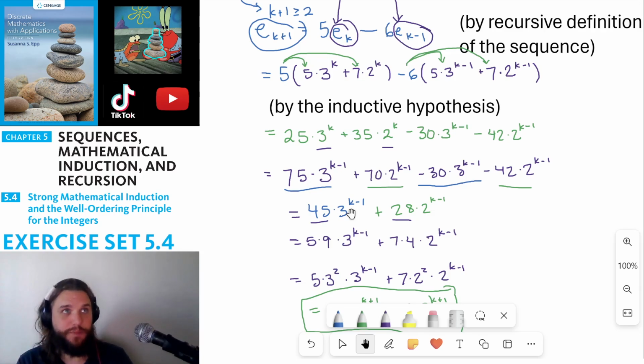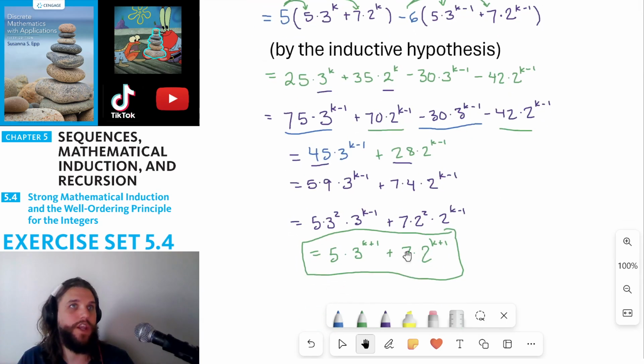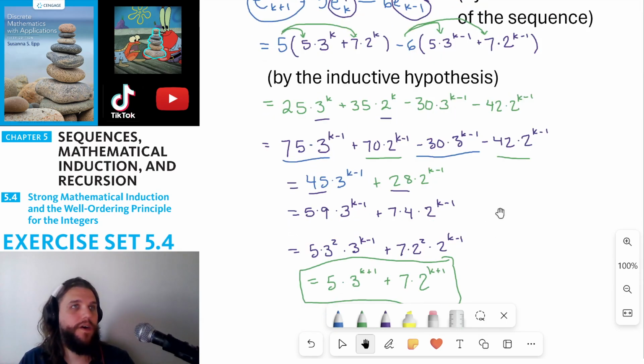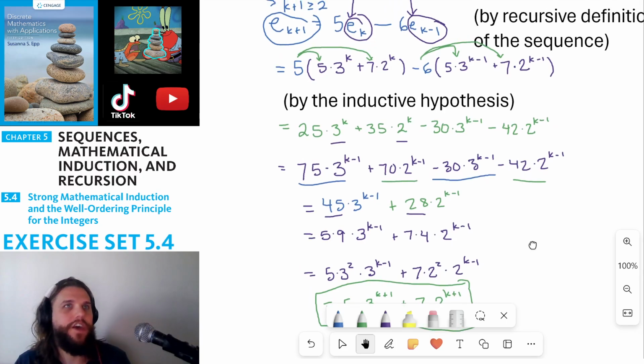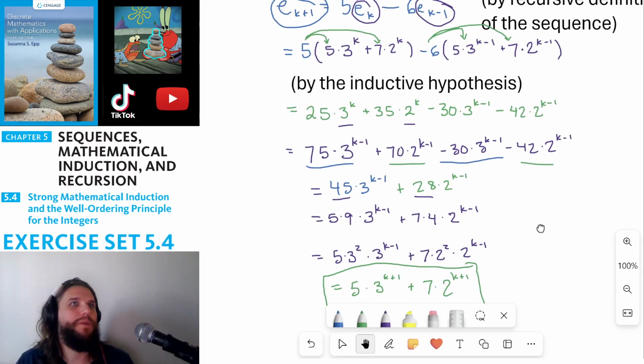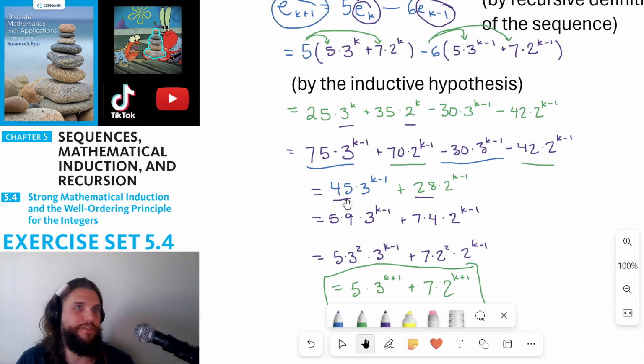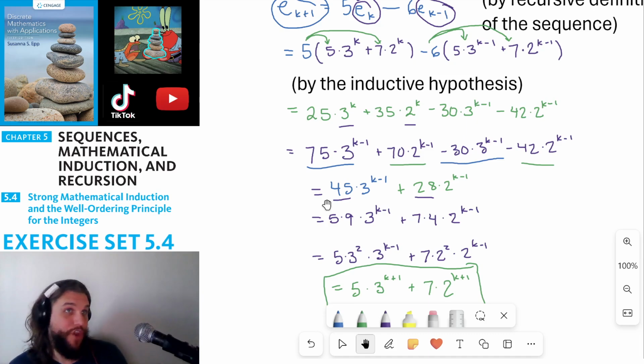There was intention behind that because I wanted to turn this 3 to the k minus 1 into a 3 to the k plus 1 here. But I've been doing mathematical induction for a long time. And if this is the first time you've seen strong mathematical induction, then you might be a little confused by this trick that I pulled by factoring a 9 from a 45. That kind of seems out of nowhere. But there is intention behind it.